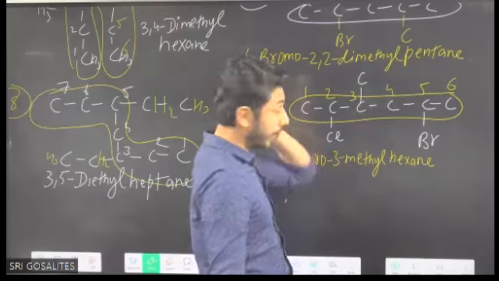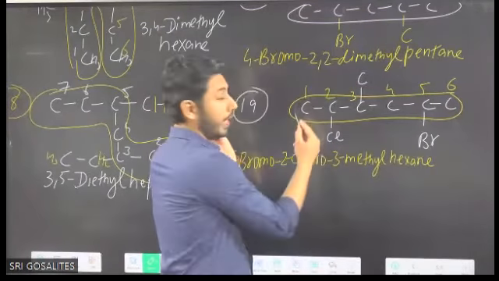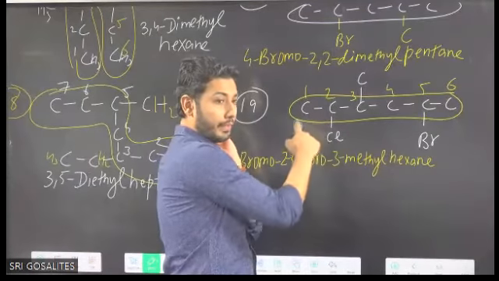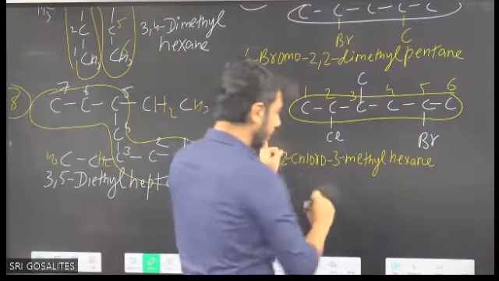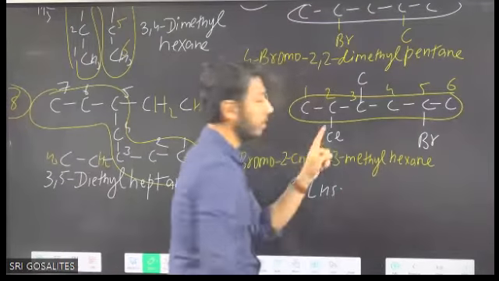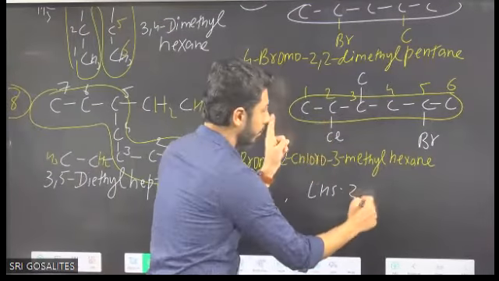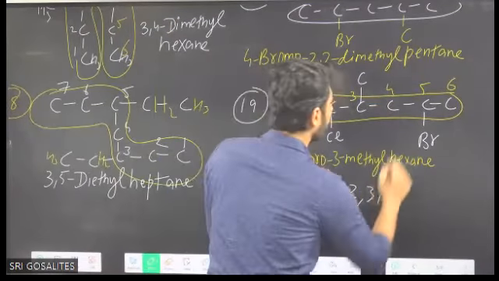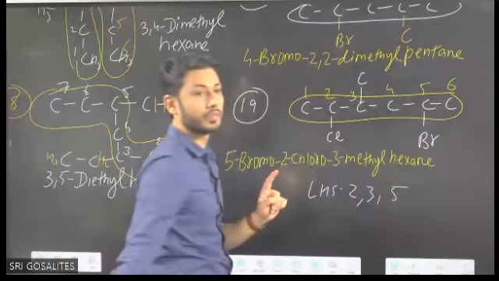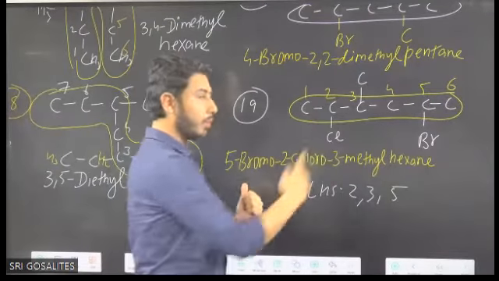Now listen carefully. In the 19th example, left side numbering: if you do left side, substituents are coming at which position? From LHS, 2, next 3, next 5. Now do the same thing from the right hand side.